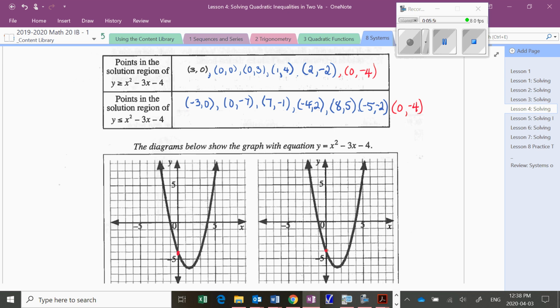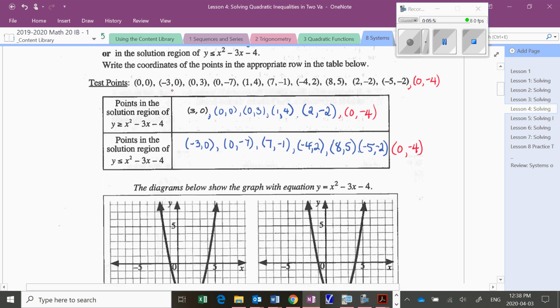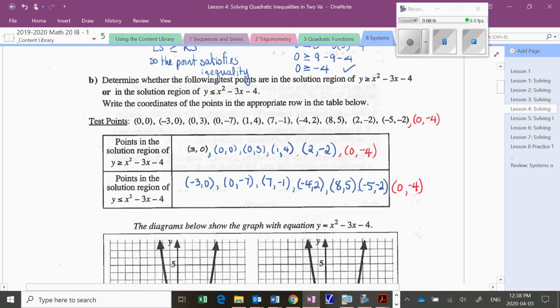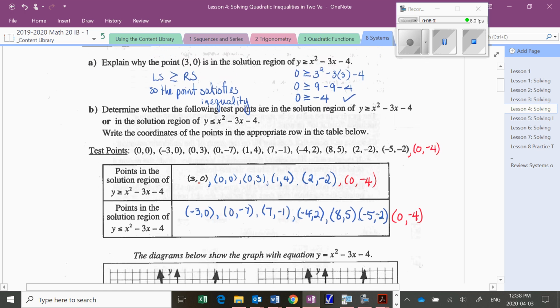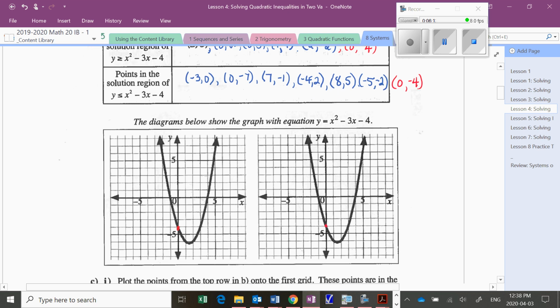Okay, so hopefully you've got the same answers as I did with the other 4 points. They gave us that one in the beginning, (3, 0), which did satisfy it, and out of the 10 remaining points, 4 of them joined that (3, 0), and the other 6 were in the other one. The diagrams below show the graph with the equation y equals x squared minus 3x minus 4.